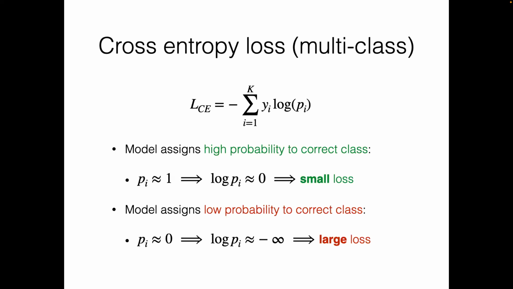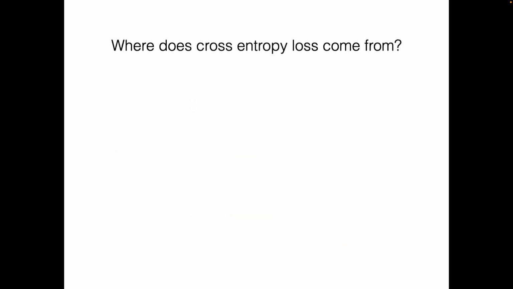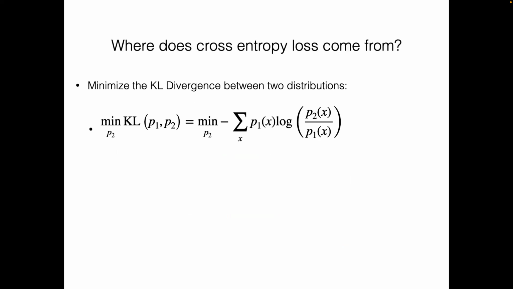Now we can consider one more thing, and this is pretty interesting. What this cross entropy loss does is it causes the model to fit this target distribution or target probability vector.